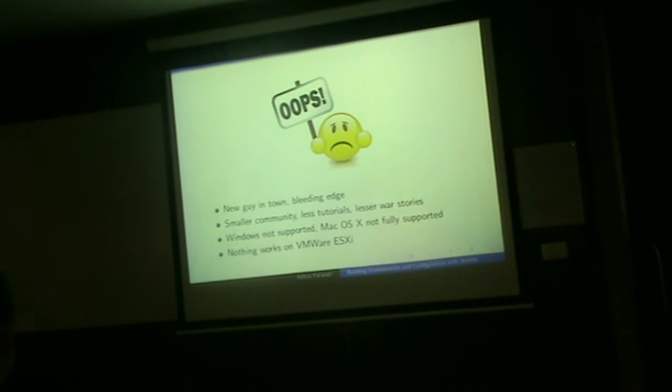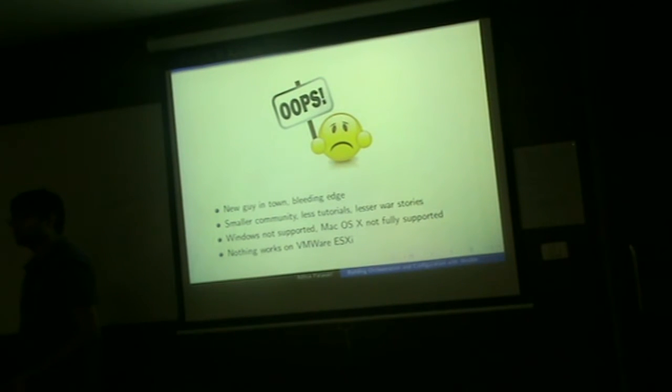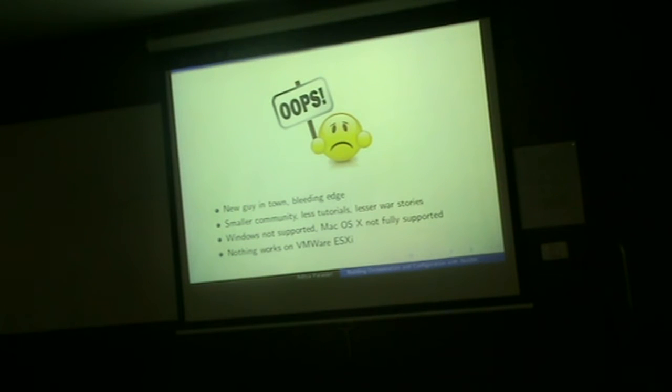Windows is not supported, so that's another thing. People who manage Windows, that's a problem for them. They've actually added Windows support very recently, but right now it's beta, with PowerShell and recent issues. But I don't know if it will work across all the Windows flavors. Even for Chef, Windows support is just less than 2 years old.